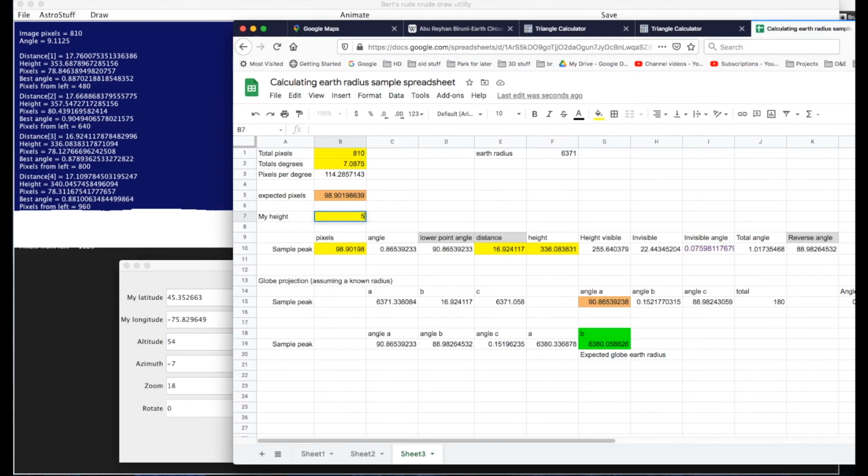So my height is 54 meters, and I've worked out the angle if I pick this one, or if I had a reasonably decent theodolite and I was directly able to measure this angle here, I wouldn't need any of this. I would just be able to grab this directly and compute this value directly from this value. I'm still well within the ballpark. So theoretically, this should be a fairly good way to estimate and approximate the Earth's radius.